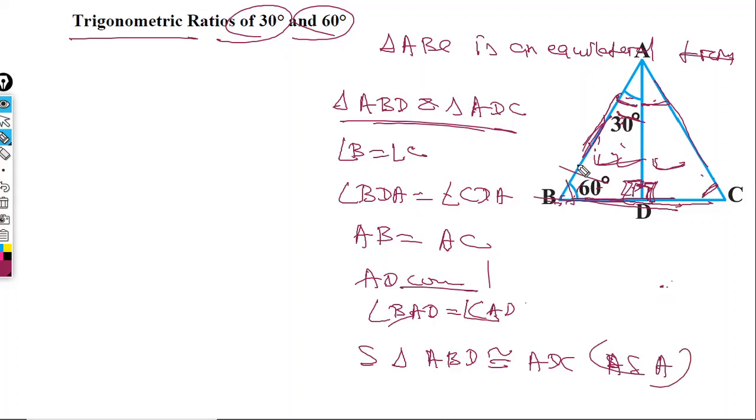These two triangles are congruent, therefore we can say BD is equal to CD. We need this only: BD equal to CD.